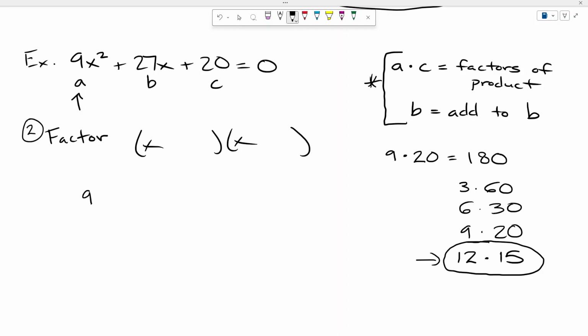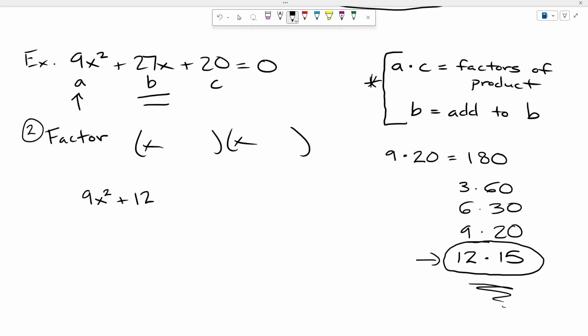So we'll have 9x squared, and then this 27x, our middle term, our B, we're going to split that using the factors that we decided we were going to try out.